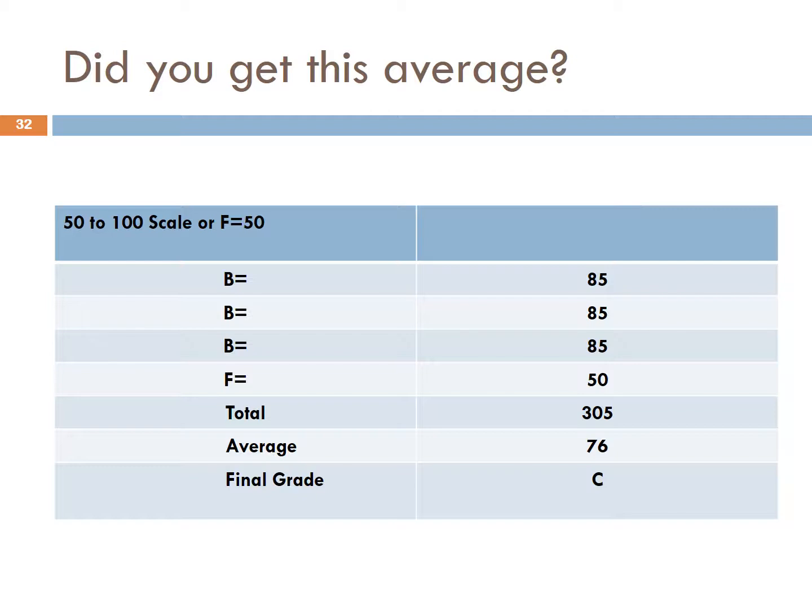The total is 305 points, and the average is 76. The 50 to 100 point scale calculates a C for the final grade, the same final grade as the 4-point scale. C equals 70 to 79. 76 is right in the middle. Final grade of C. The 0 to 100 scale, to be used for accurate averaging, should have all scores from 0 to 49 default to 50 before averaging grades.